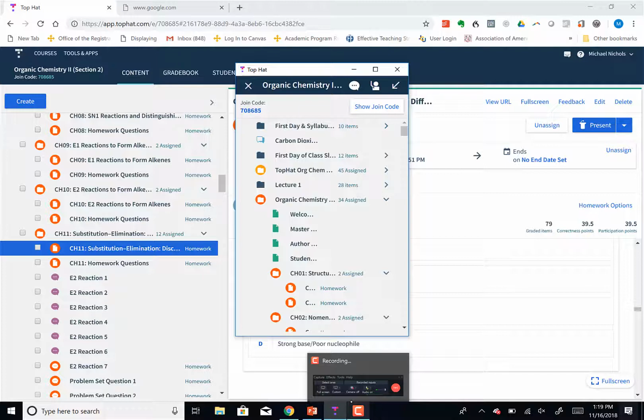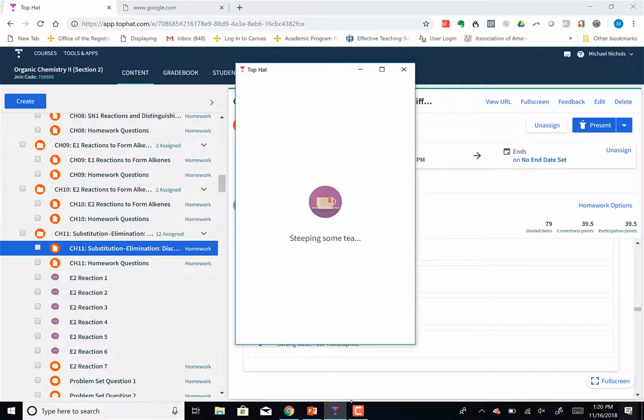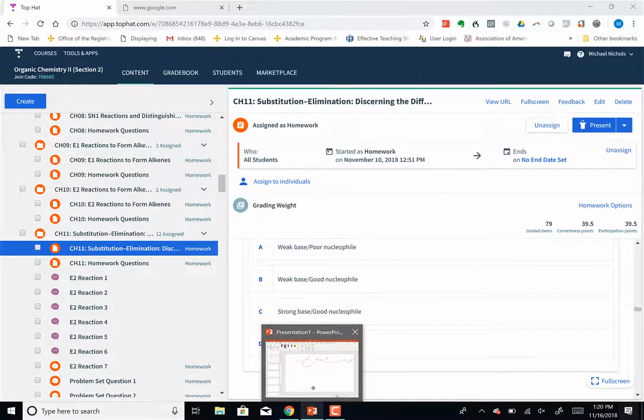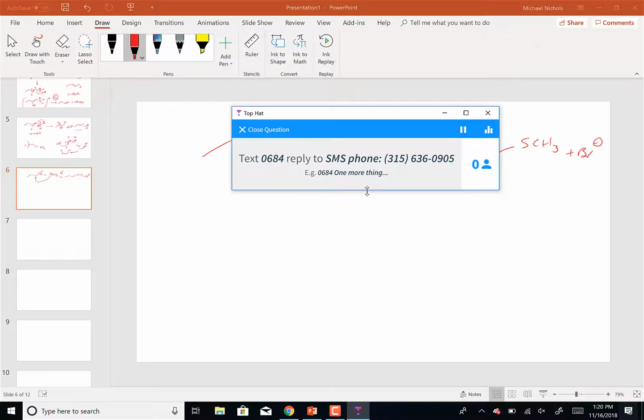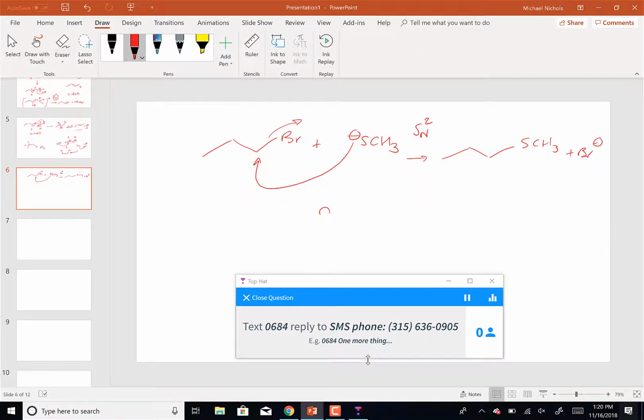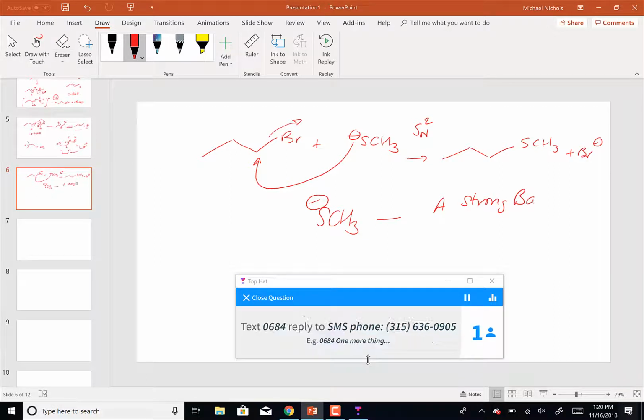So the question is, if you had to classify SCH3 minus, is it going to be A, a strong base, or B, a weak base?